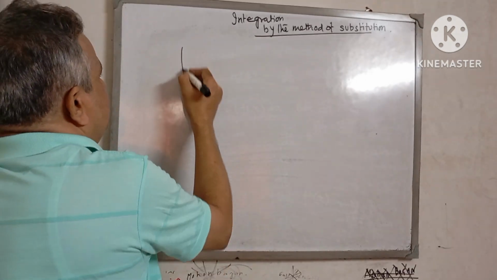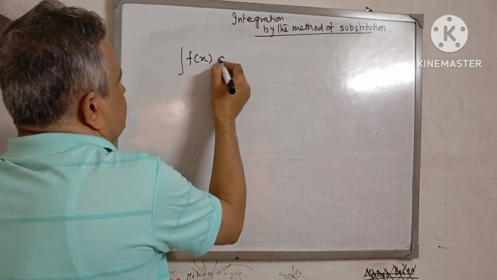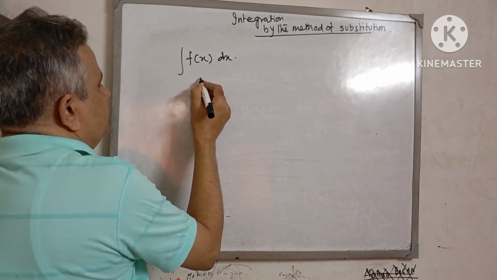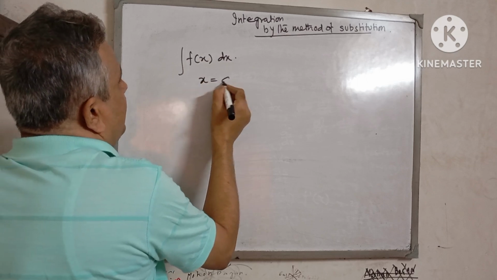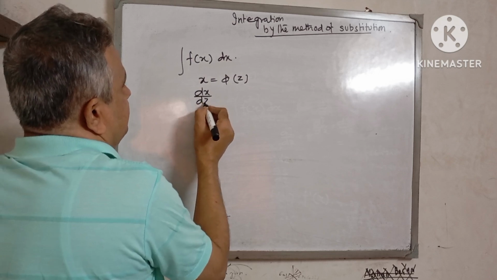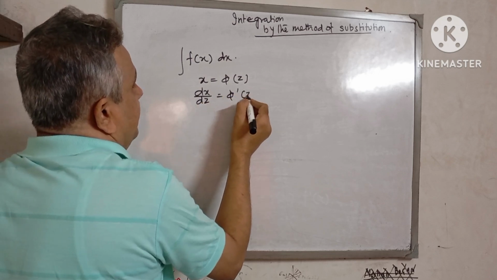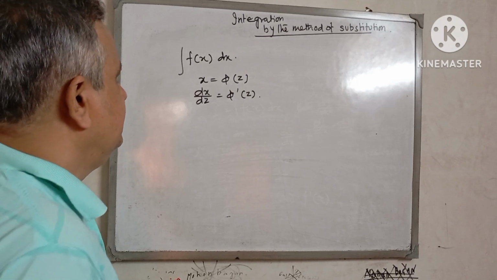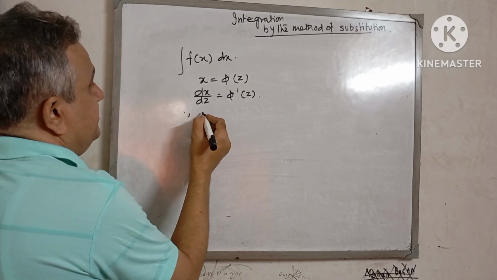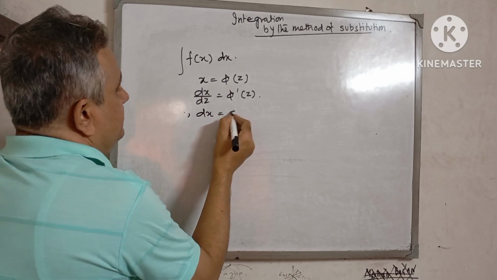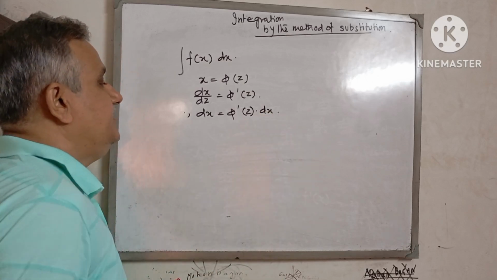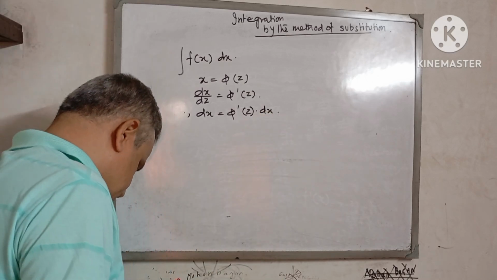Let the integral of f(x) dx. Suppose x is equal to phi(z), so dx/dz is equal to phi dash z by differentiation, or dx equals phi dash z into dz.